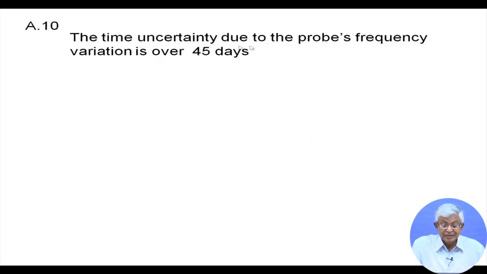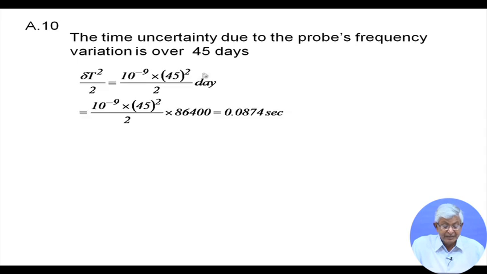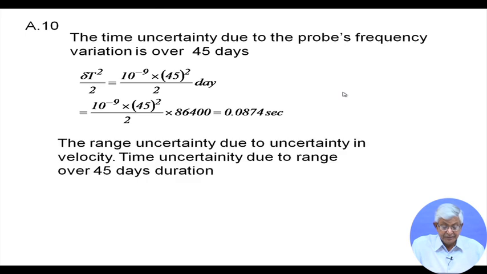Now, the time uncertainty due to the probe's frequency variation over 45 days, this expression we have studied in the class, will be delta t square by 2 times 10 to the power minus 9, which was the stability, for 45 days, and in a day 86,400 seconds. So, it comes out to be 0.0874 second, that is the time uncertainty because of probe frequency variation.